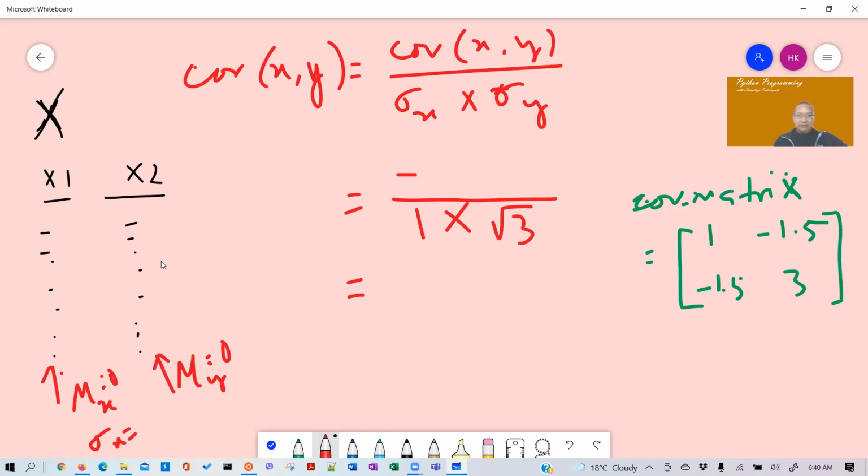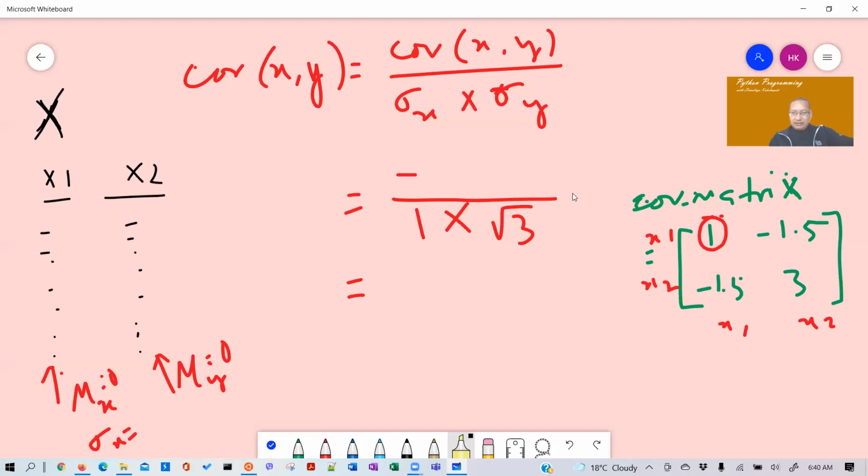Sigma x is equal to, I think we discussed it yesterday. When you go here, this is x1, x2. When you see x1 or x1 could be score.